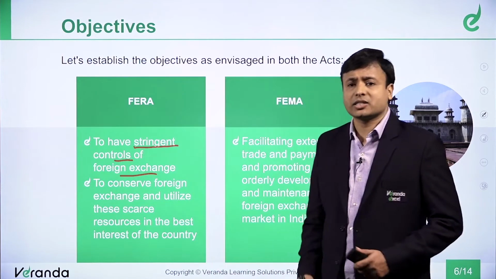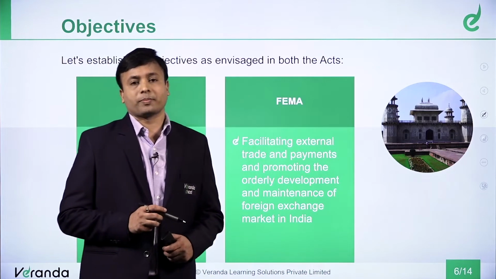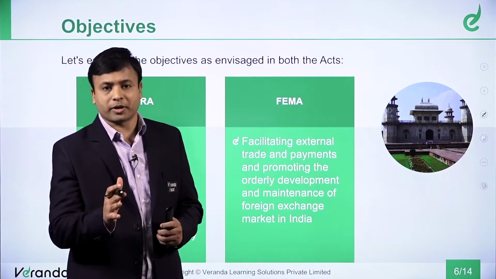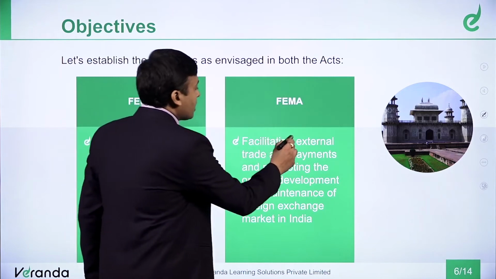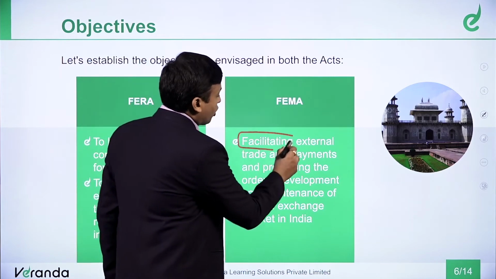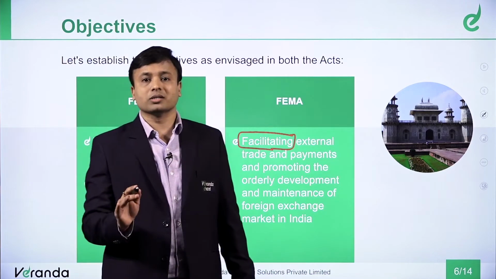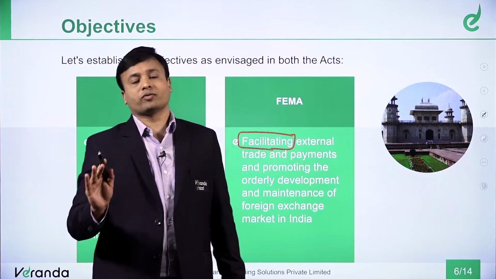FERA envisaged very stringent controls on the foreign exchange of the economy. I cannot use it, it is a very precious resource. However, FEMA has gone completely in reverse mode, and it says I will not conserve, rather I will just facilitate the usage of foreign exchange.